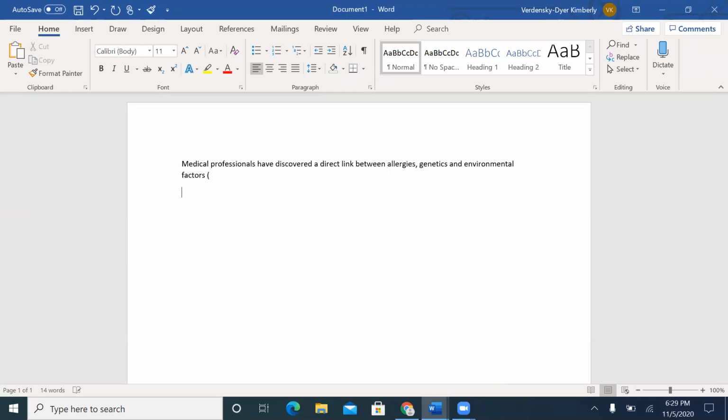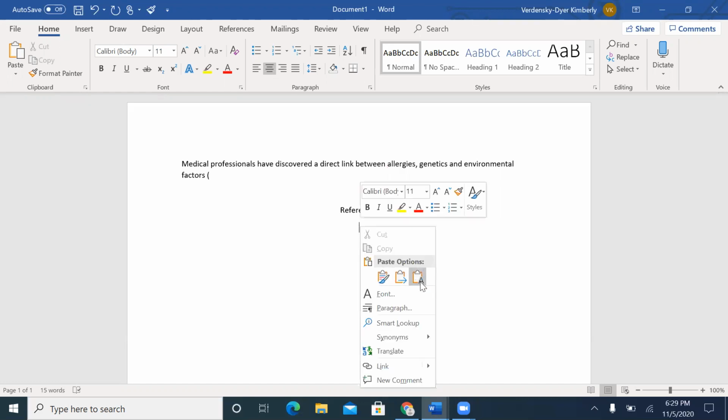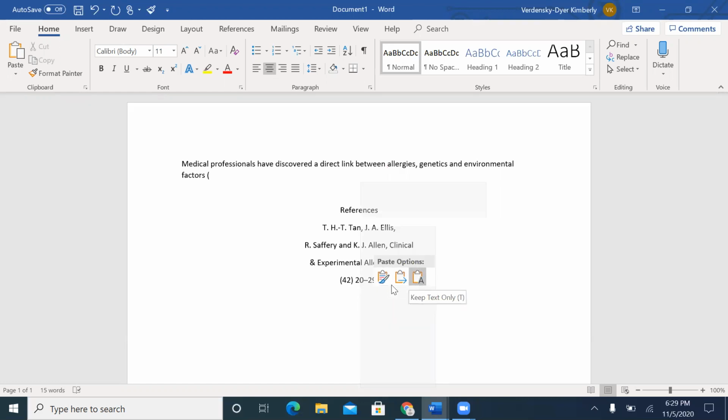And I'm just going to hit Enter, center my text, write the word references. Hit Enter, and rather than just doing a Control-V, I'm going to do a right click so that when I paste, I'm going to keep the text or merge my formatting.